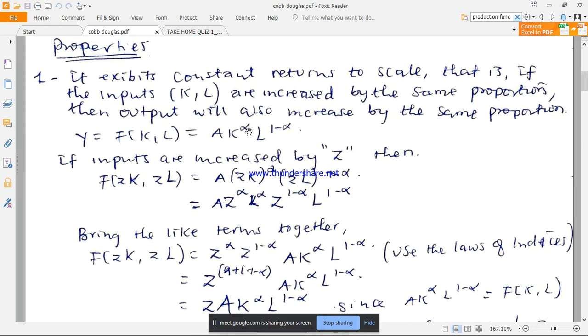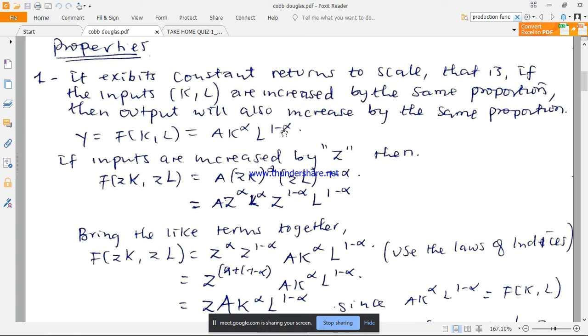If you get a number less than 1, it exhibits decreasing returns to scale. If you get exactly 1, the production function exhibits constant returns to scale. If you get a number greater than 1, it exhibits increasing returns to scale. So that's the simplest method you can use.